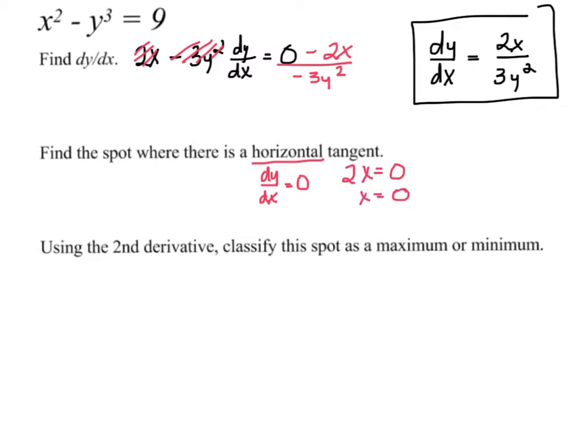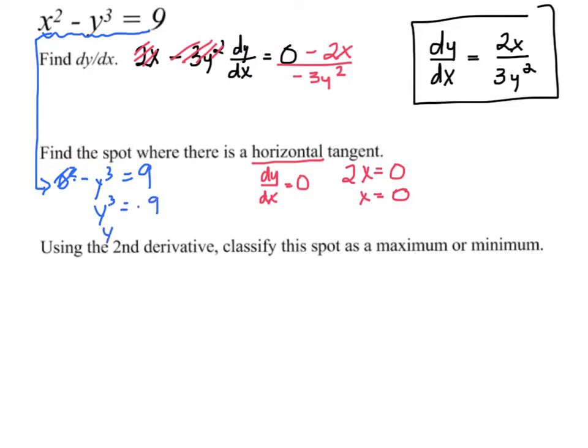Now, in implicits, I should also get y. So I'm going to go back here to the original. I know x is 0, so 0 squared minus y cubed is 9. Well, that means, of course, 0 squared is 0. So I could do a little algebra here. I have y cubed equals negative 9.